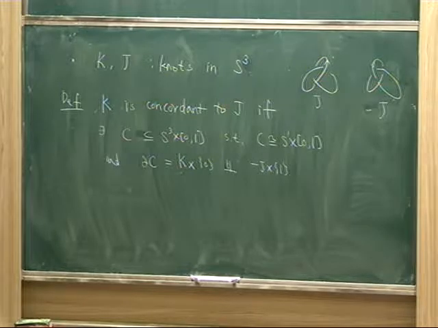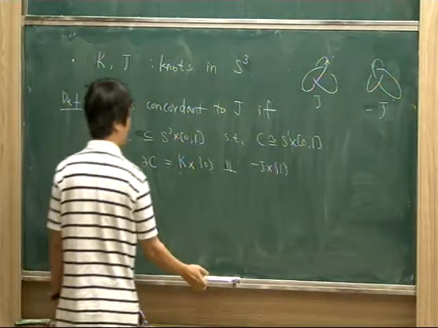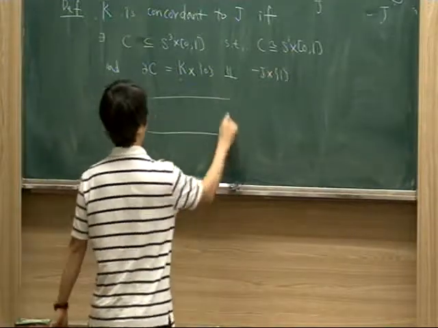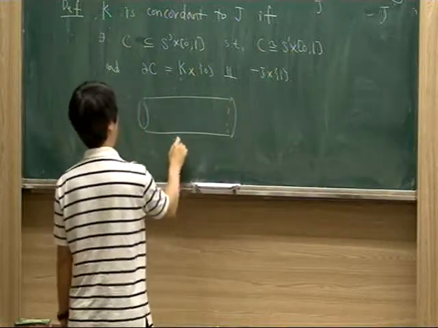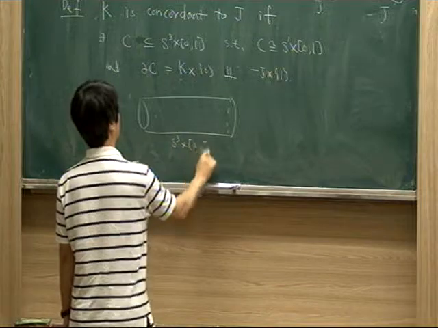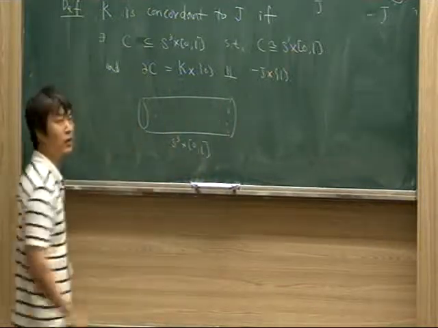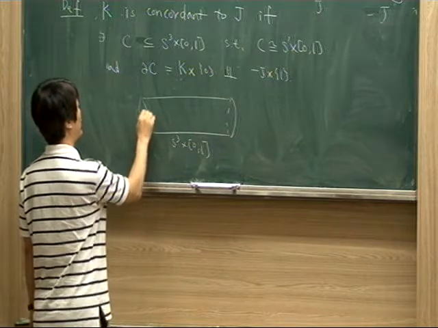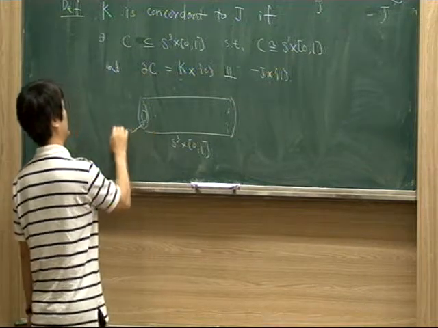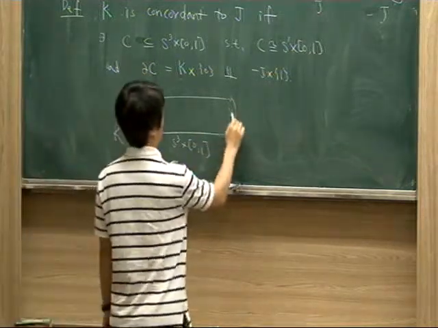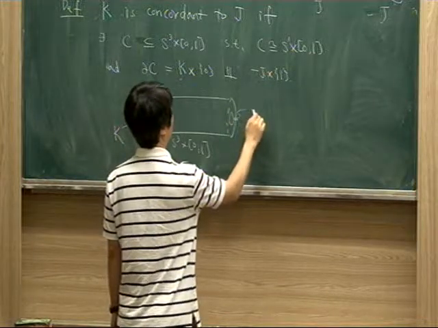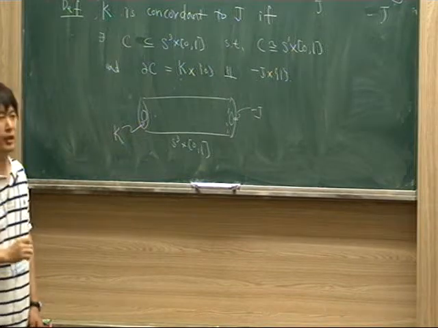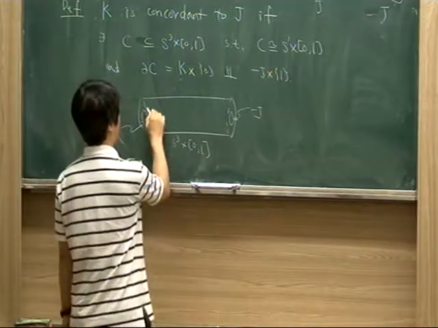And I can give you a schematic diagram here. So we have S3 times [0, 1]. And on the boundary we have two 3-spheres. And at the level 0 we have K. And at the level 1 we have minus J. Then these two knots should co-bound a properly embedded annulus.